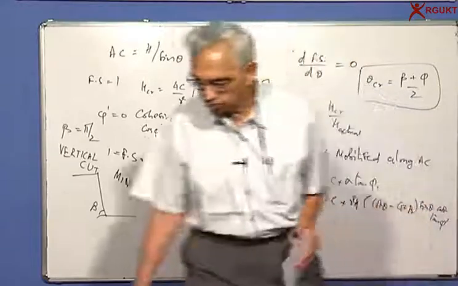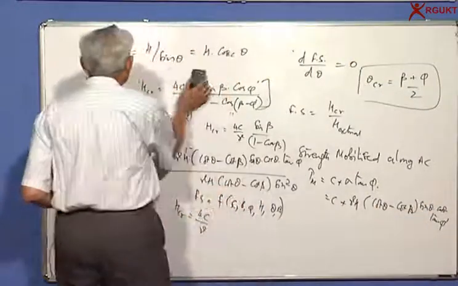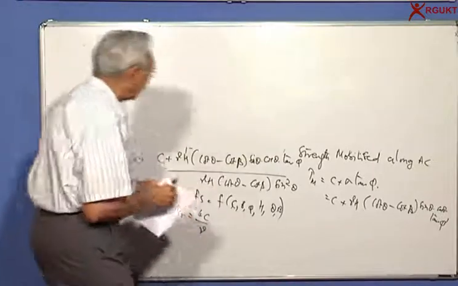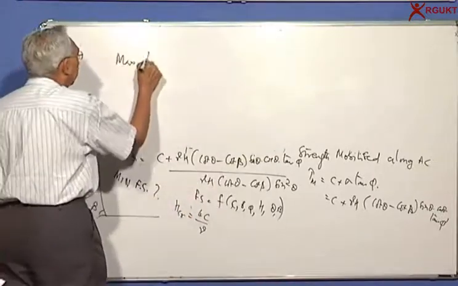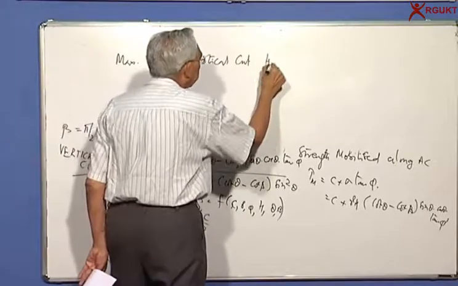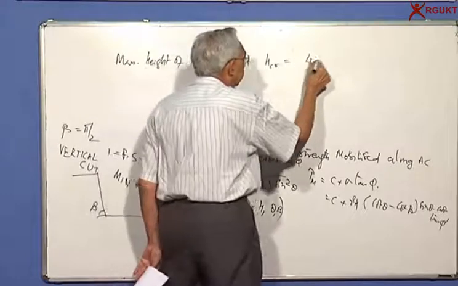Let us say c is equal to some 30 kPa. So the maximum height of vertical cut, H critical, is 4c by gamma.